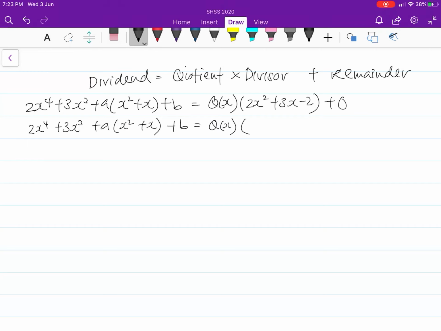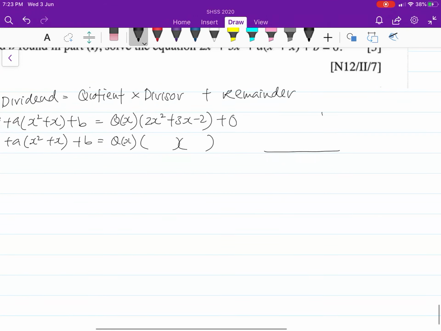Now if you factorize the divisor, 2x squared plus 3x minus 2, using the cross method, you get 2x and x, with 1 and 2, so this is 4x, this is x.